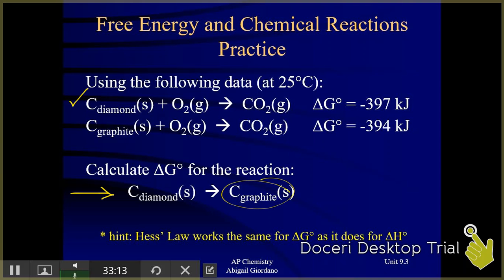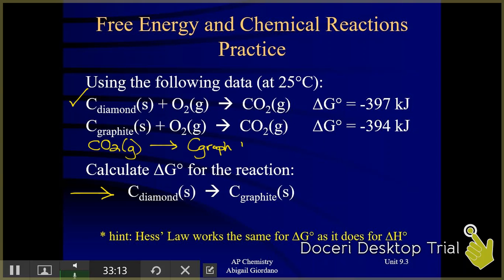Carbon graphite. It's on the product side. Well, here it is. It's on the wrong side. It has the right coefficient, but it's on the wrong side. So what do we do? We're going to flip this reaction around so that it is on the correct side.